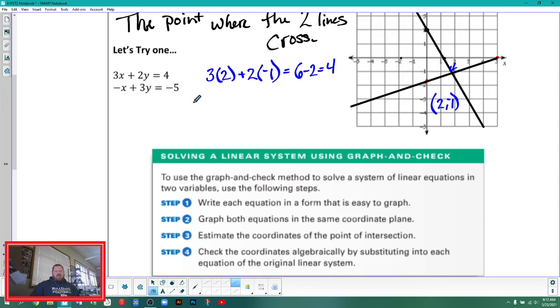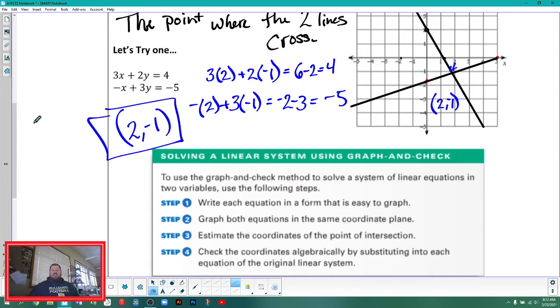And in the second equation, I have negative 2 plus 3 times negative 1. That's going to be negative 2 minus 3, which does equal negative 5. So I've checked that point in my two equations, and it seems like it works out just fine. So I would say the answer to this is 2, negative 1.